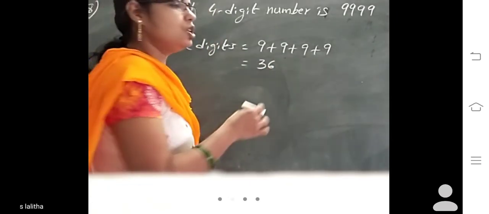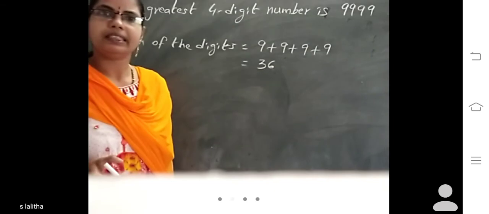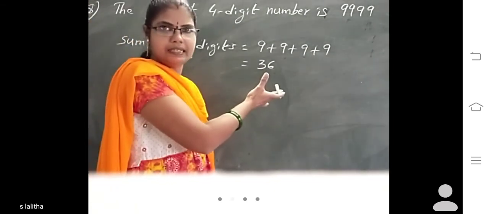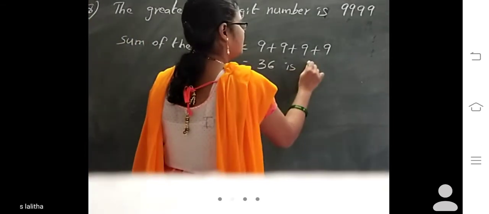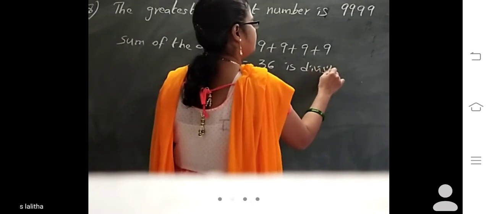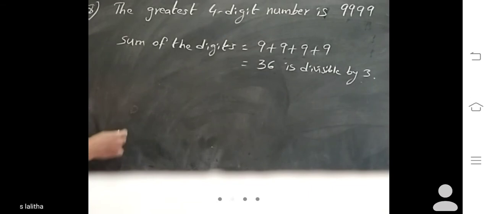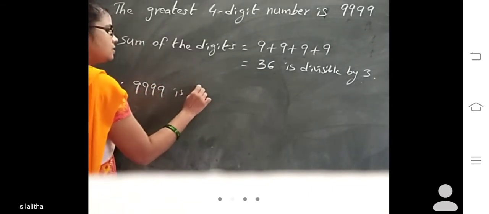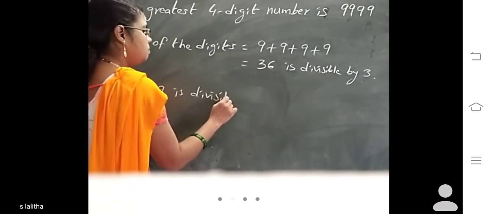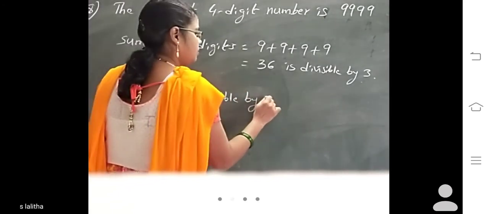Is 36 divisible by 3 or not? Yes. So therefore 9999 is divisible by 3. Okay? Right.